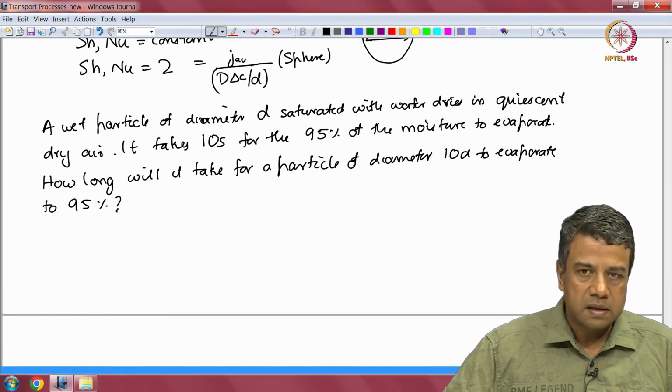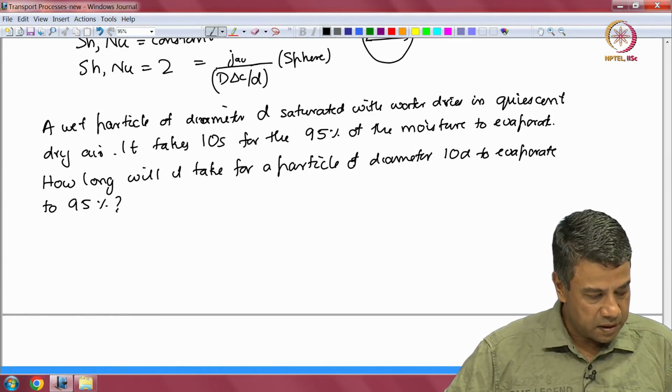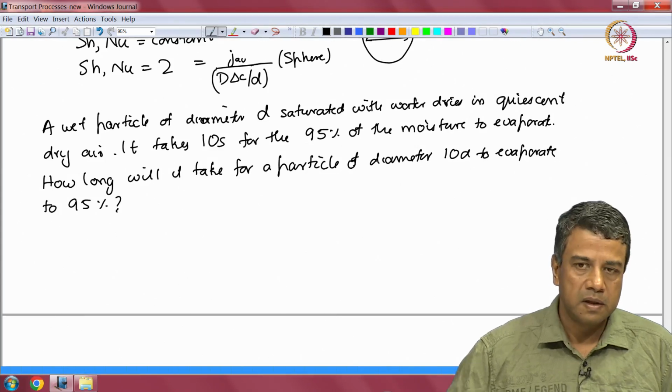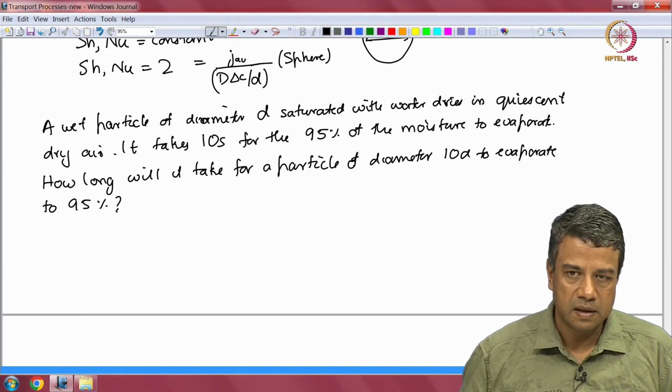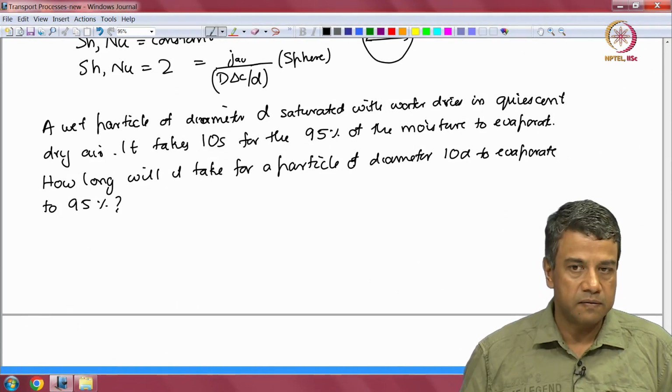Now, in this case, the rate limiting step is the diffusion of water in air. The time required for drying depends upon the driving force, that is the concentration difference between the saturation vapor pressure at the surface and the dry air far away.